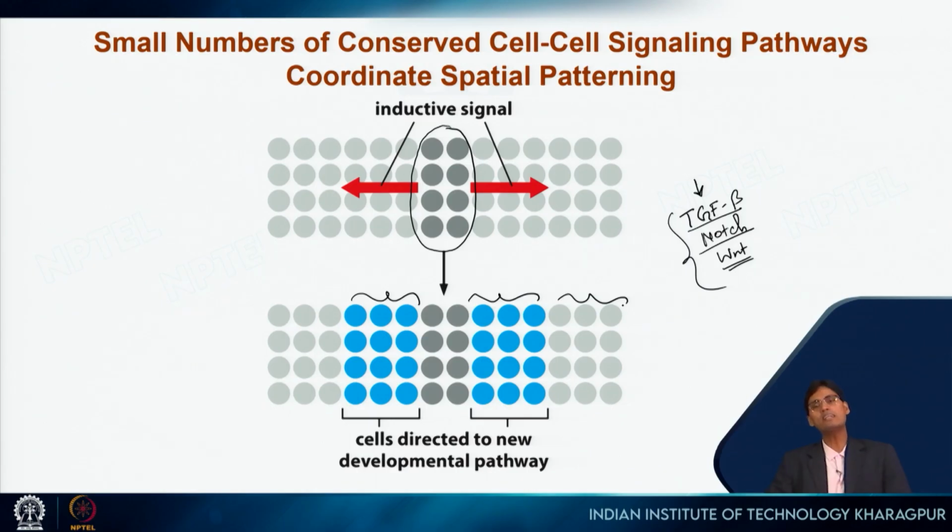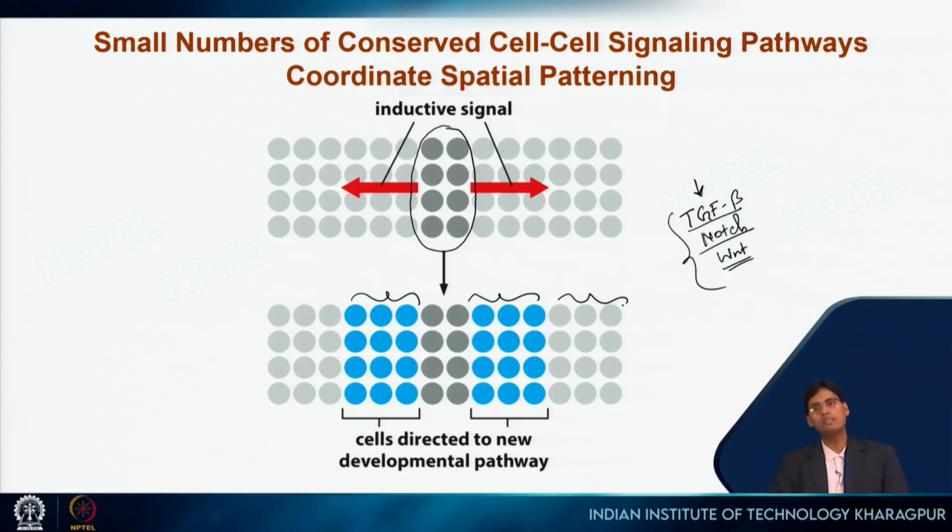And this signal can travel through different methods. For example, when cells are close by, cells are interacting with each other, right? So two cells, they are getting attached by some kind of cell-cell junction. So as a result of that, nearby cells will receive these signals. Also, it is possible that some of these signaling molecules can diffuse over a long distance, and they can also modulate the function of those particular cells.